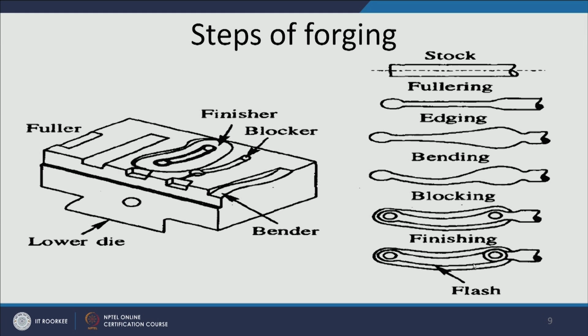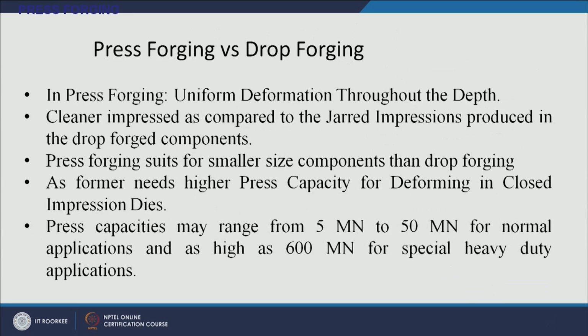And once the final size and shape is achieved, the extra material which is left can be removed with the help of the trimming. So, these are the different steps which have been shown. Different dies are used for each step, so that sequentially the desired shape and size can be achieved.